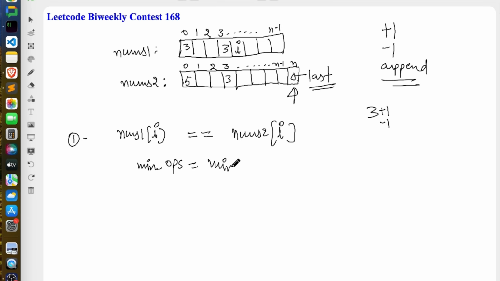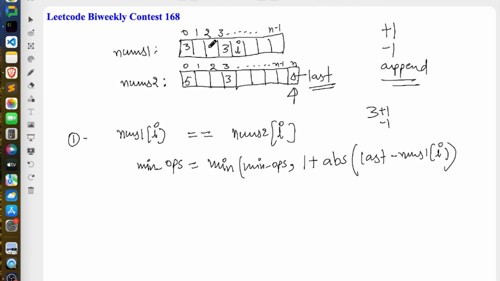That is going to be the minimum of min ops, comma, 1 plus the absolute value of last minus nums1 of I, because I have to apply one append operation. I hope you understand.